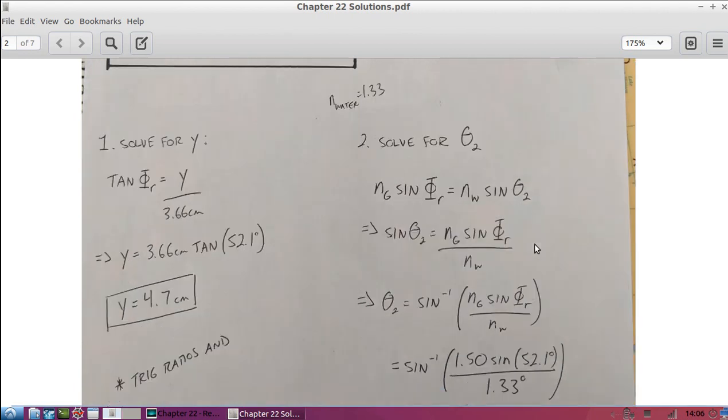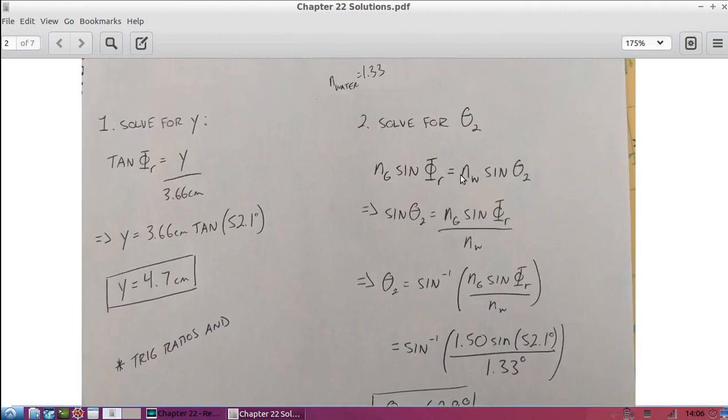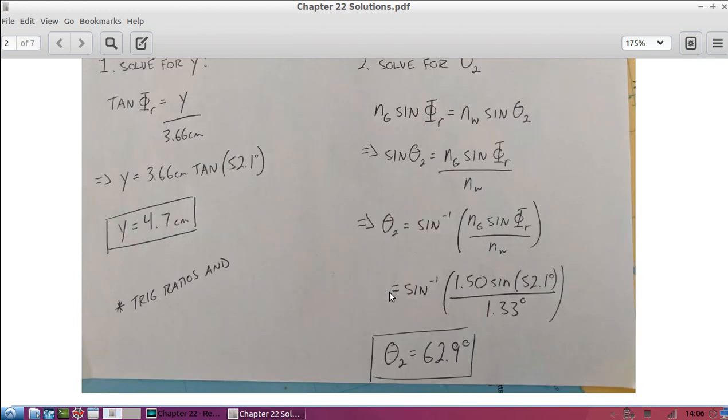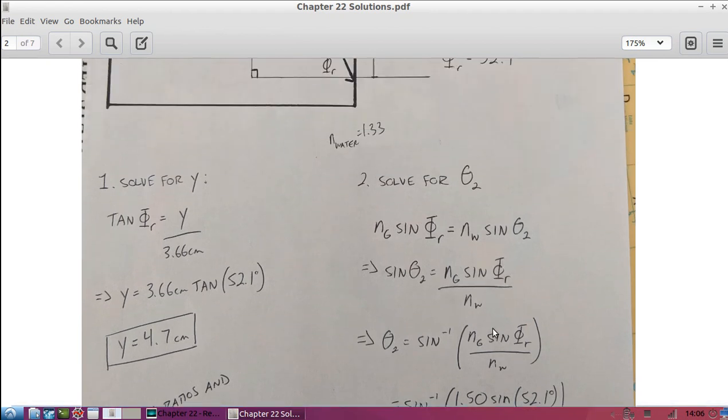So the algebra is very similar. Divide both sides by the index of refraction for water now. Take the inverse sine of both sides to get theta 2 by itself. So theta 2 is the inverse sine of the ratio of my indices of refraction. Notice they're flipped, right? So I've got n sub g over n sub w. Glass is higher than water.